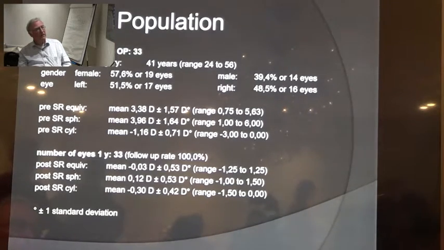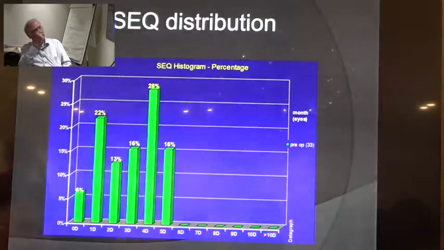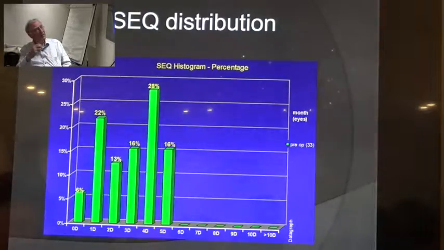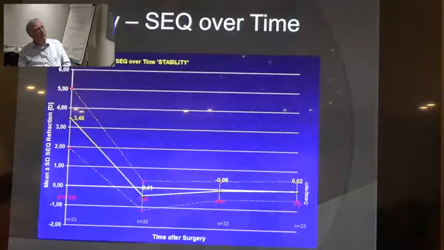After 1 year it was about minus 0.03 with a range up to plus 1.25. Here you see the spherical distribution. It was between 1 and 4 diopters, also plus 5 diopters, but more than 5 diopters we didn't do.